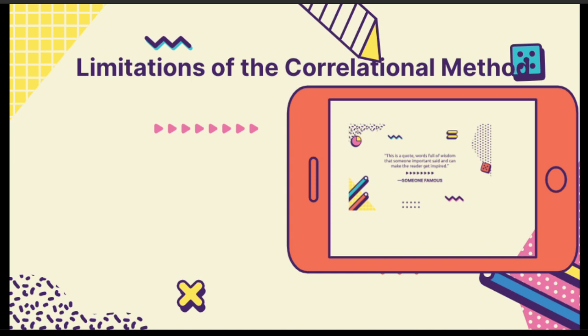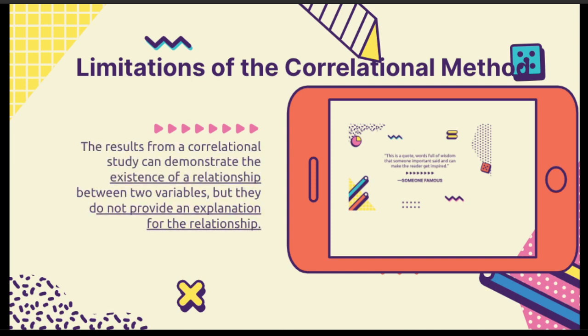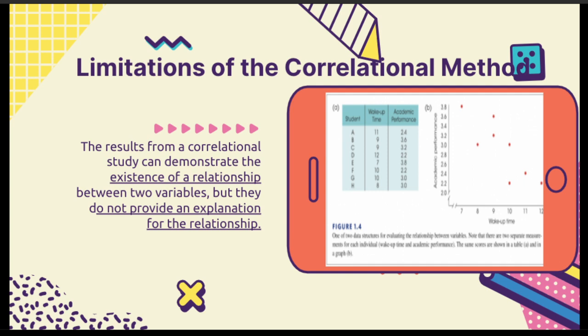What are the limitations of the correlational method? Correlational methods study the existence of a relationship between two variables, but the nature of the relationship is not provided. So let's take a look again at the table.